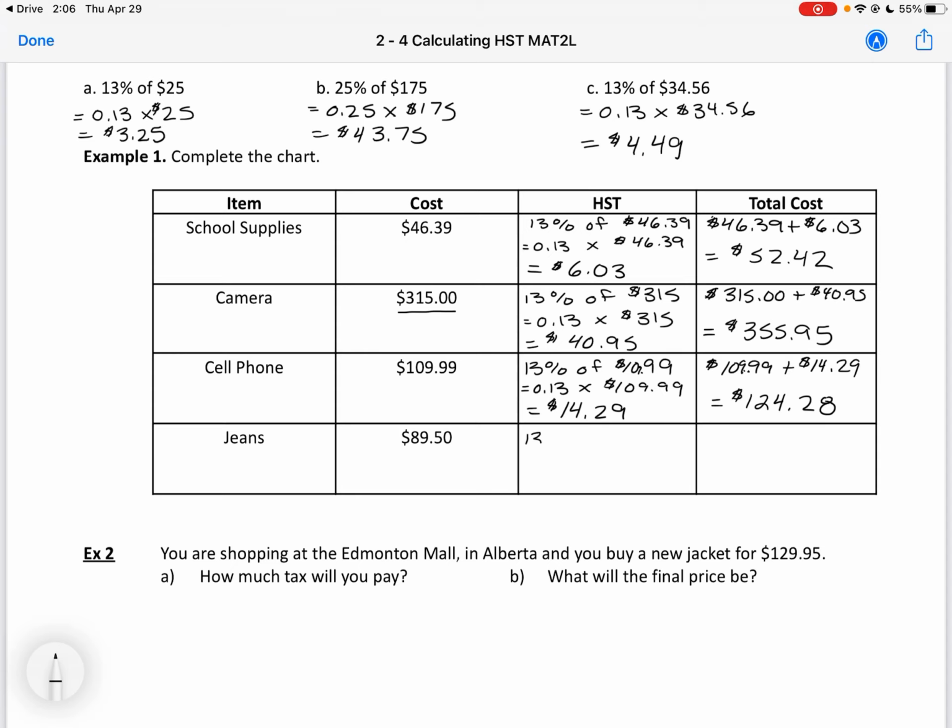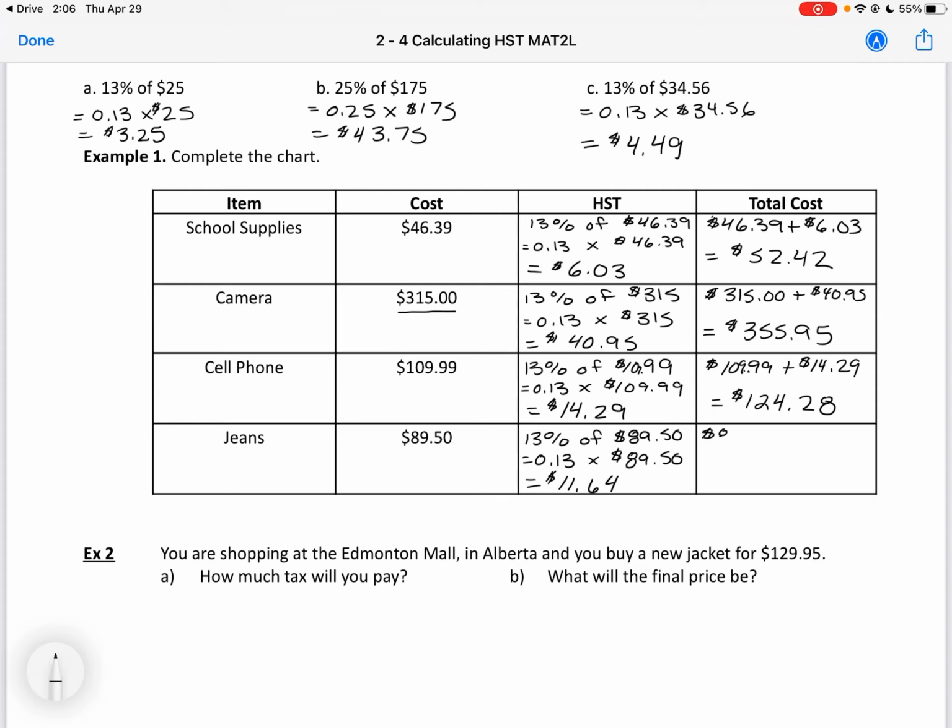All right, one more, jeans here, 13% of $89.50. Change my percent to a decimal, of to a times, multiplying those together gives me a tax of $11.64.